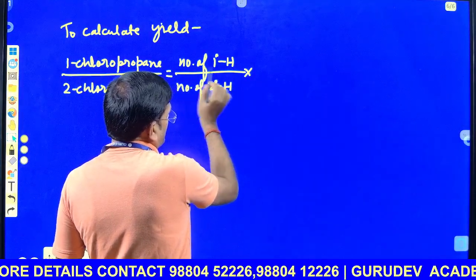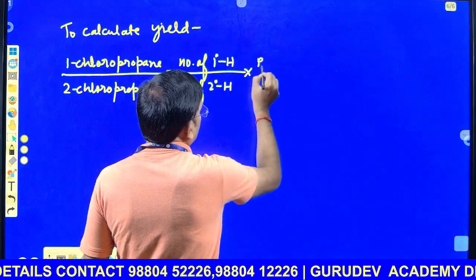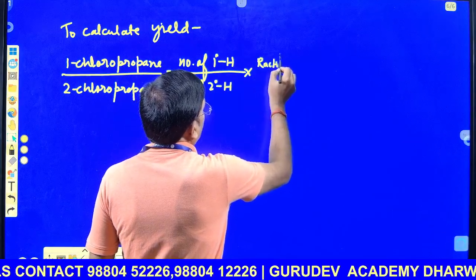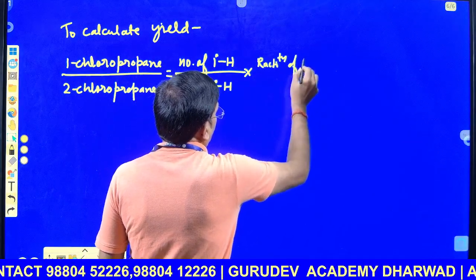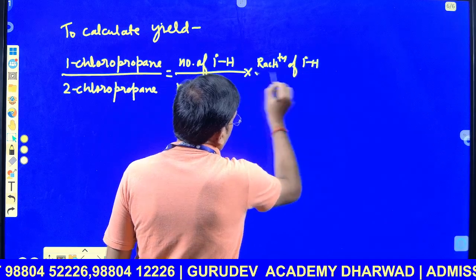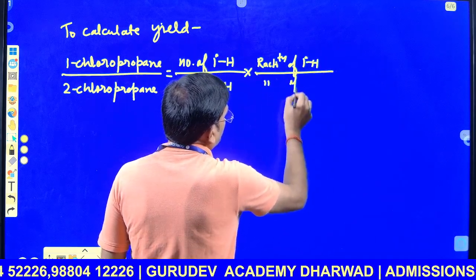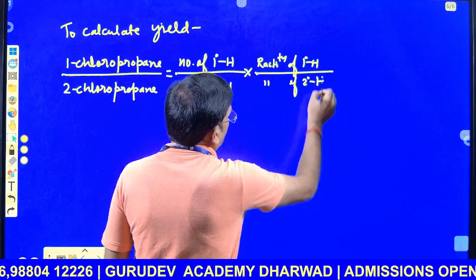In the numerator, 1 degree hydrogen, so reactivity of 1 degree hydrogen divided by reactivity of 2 degree hydrogen.